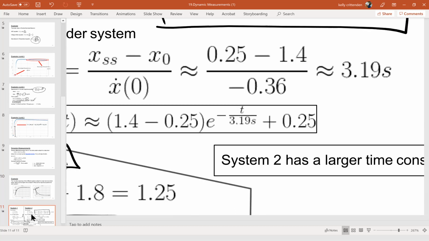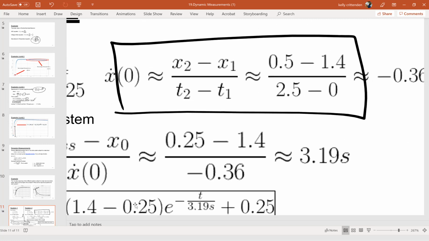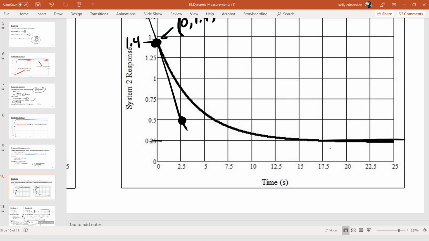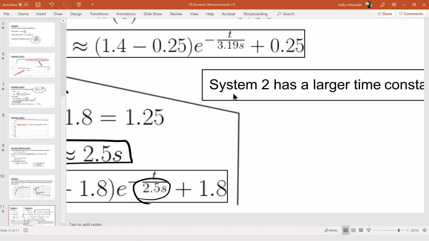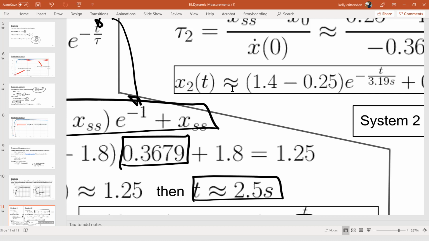And then over here, they picked 2.5 and 0.5. So on our chart, that is the one I picked. So using those 2 points, or whichever two make the most sense for your slope, you calculate this initial slope, x dot naught, the slope at 0.